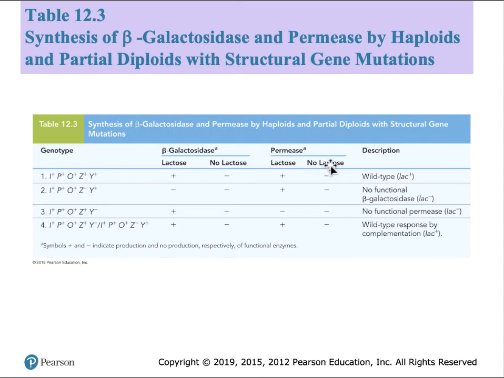When there's no lactose, there'll be no activation of the operon, and therefore there will be no permease inside the cell. The last example, number 4, now brings back the plasmid. So we have the DNA from the bacteria, and then we have the DNA from a plasmid. And the two will complement each other if they can, and that's indicated there.